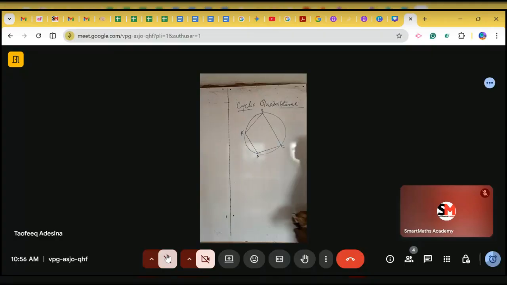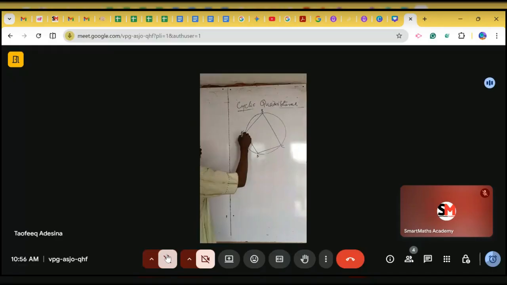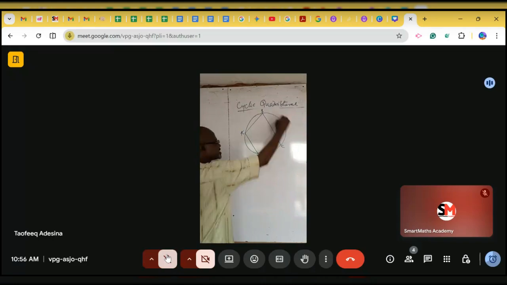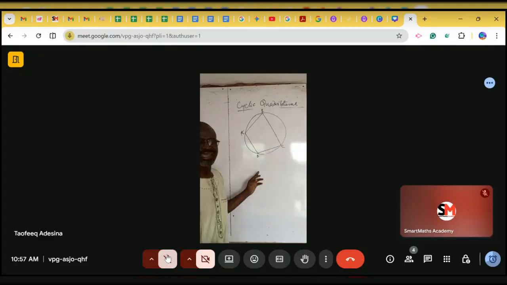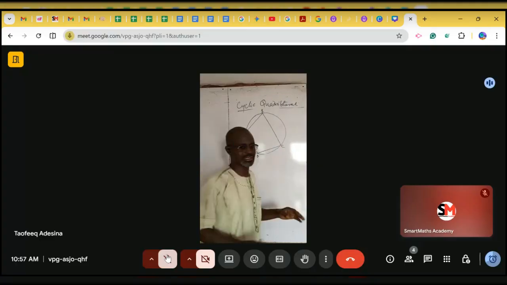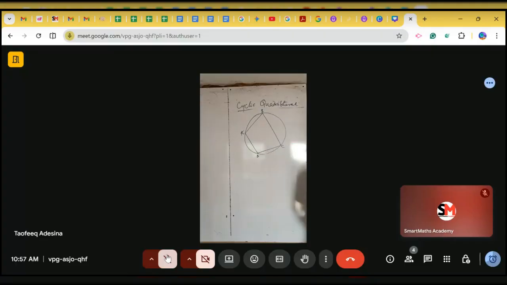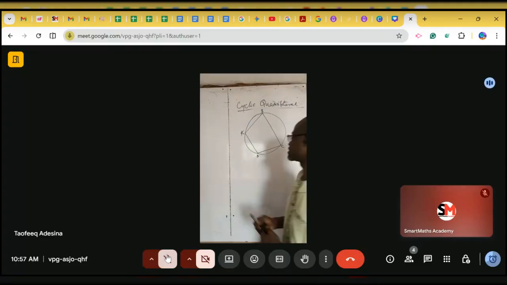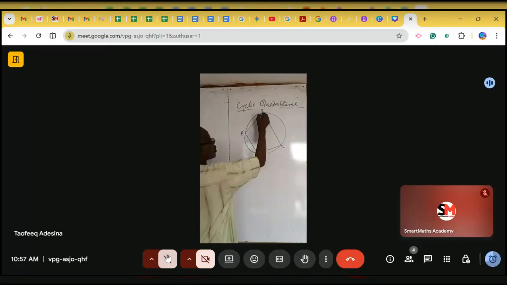But you notice that all the angles of the four-sided shape are on the circle. So it is a cyclic quadrilateral. In this case, opposite angles of the cyclic quadrilateral are supplementary.